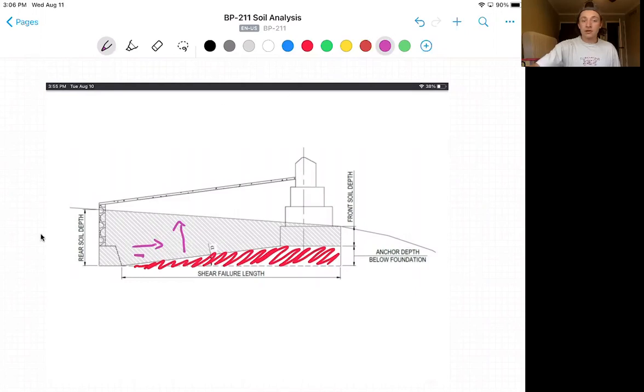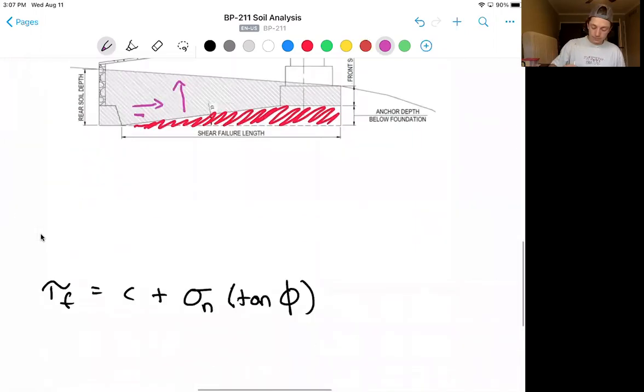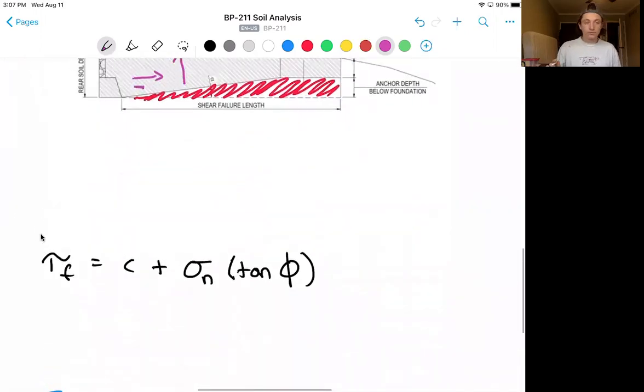Now, the strength of the soil to resist shear can be taken from the following equation, found in a study we've talked about, but linked again on interfacial friction. Tau F equals C plus sigma N, or normal stress, times tan phi.